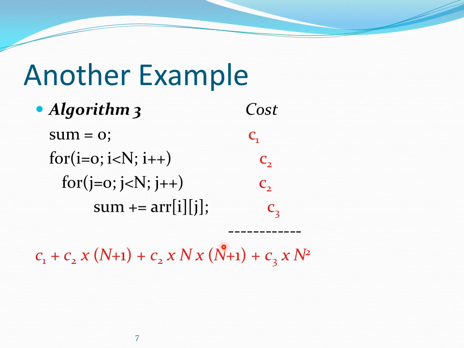So C2 into n into n plus 1. This operation is performed n into n times, so n square times. So the total cost is C1 plus n plus 1 C2 plus n into n plus 1 C2 plus n square C3.